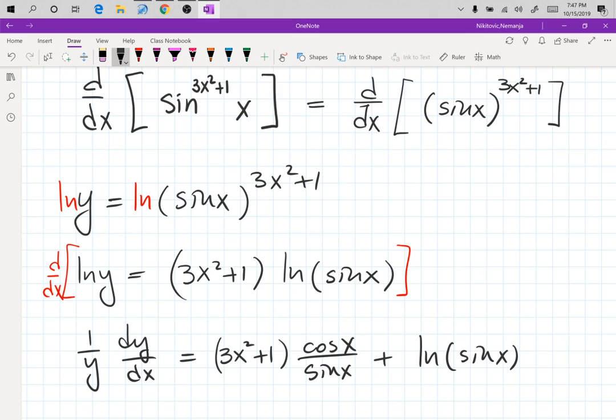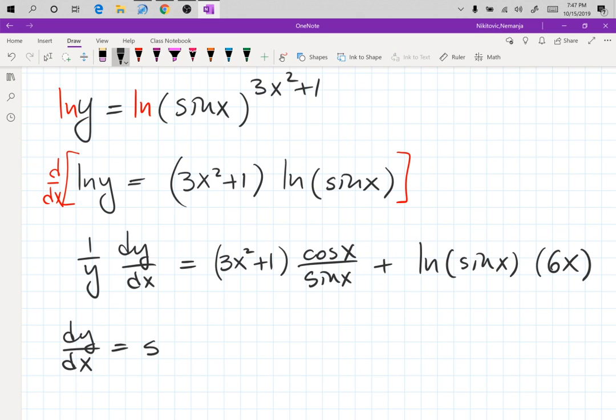So now we have dy dx, which is the derivative, and I have the original function y, so that's sine x raised to the 3x squared plus 1 times, and then I have this mess, which is 3x squared plus 1 times cotangent x plus 6x ln of sine x.